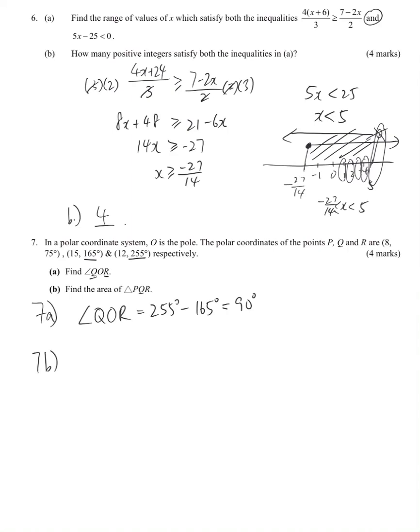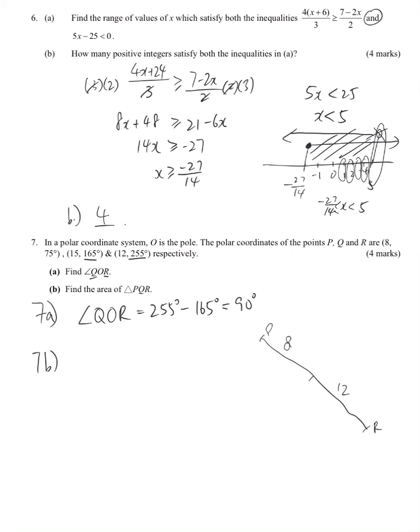And in 7b, apart from that, you should be able to realize that the angle made by P and R, so the 255 minus 75 is 180. So actually that is a straight line. So we have a straight line which is going from O to P and then O to R. And from O to P it's 8 units, and then from O to R is 12 units.